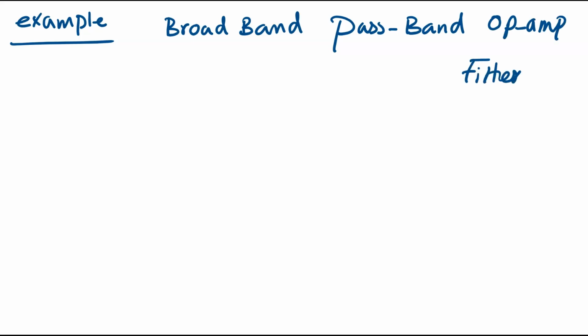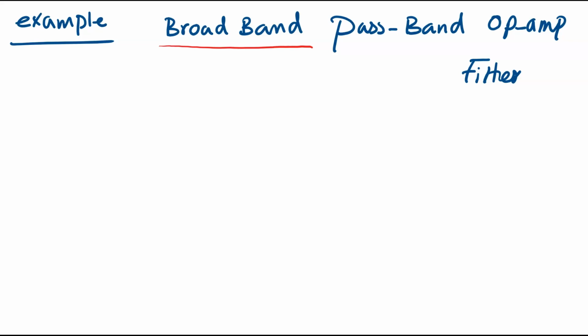The op-amp filter means that we are looking at an active filter, and we want to have a passband filter. And this broadband here means that we are choosing our cutoff frequencies to be widely separated. So it means that we have a broadband filter here.